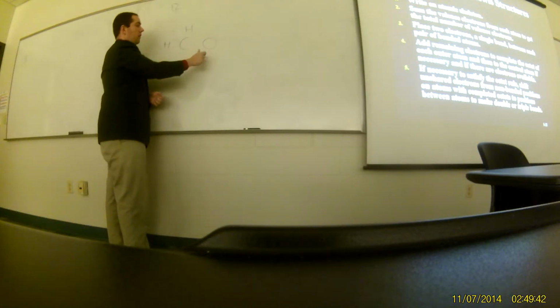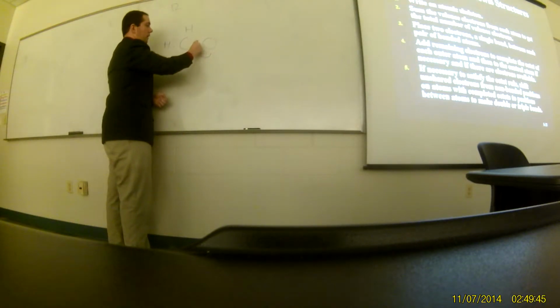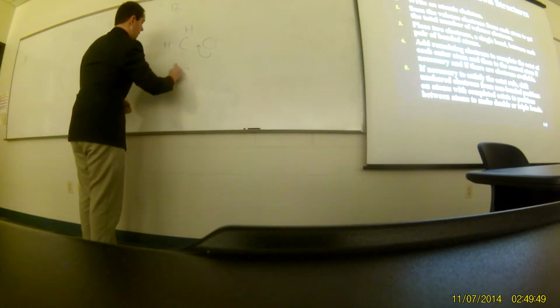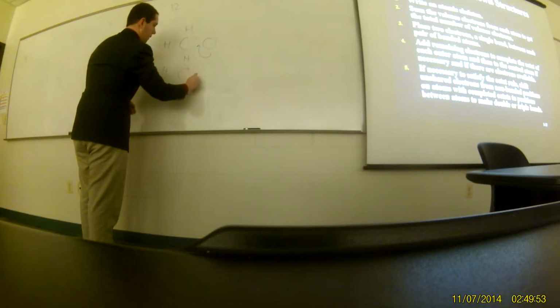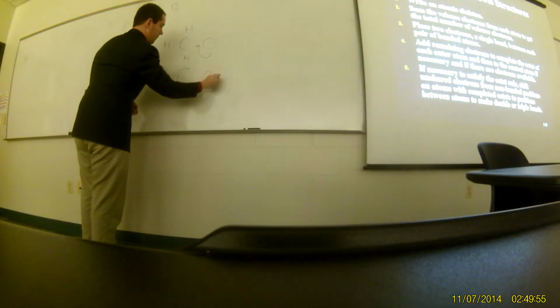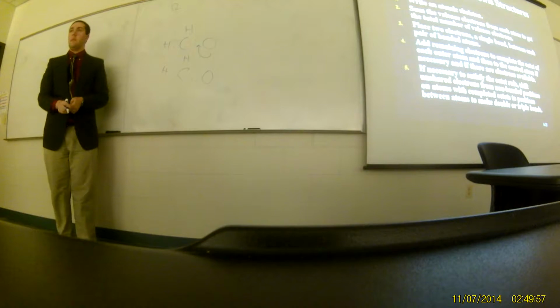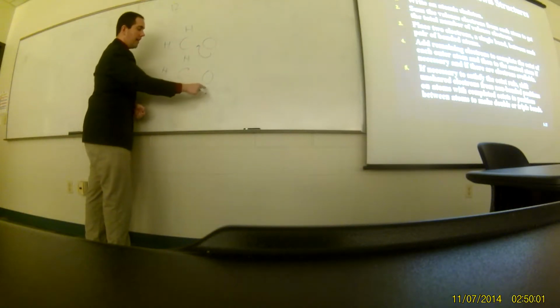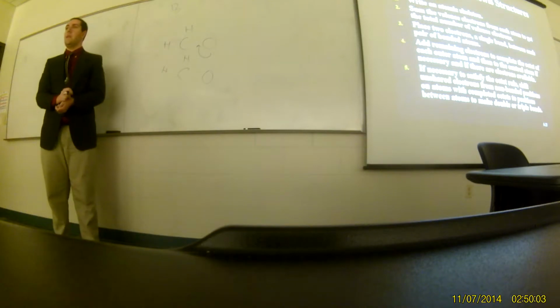I'm just going to pick this one. I'm going to move it into here. And when I do that, I get that. And so instead of having a pair here and a pair there, I have 2 pairs there and nothing on the bottom.